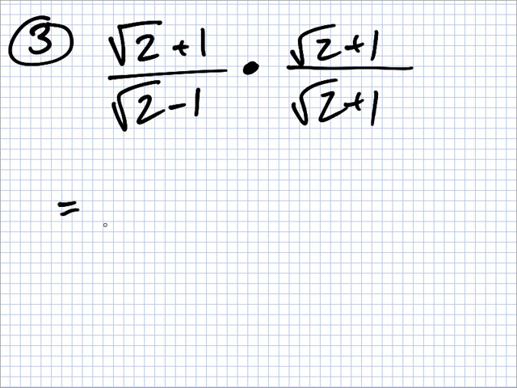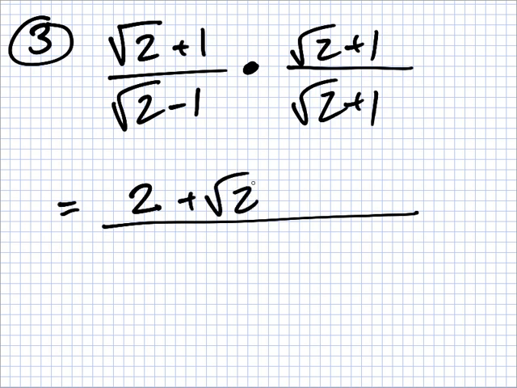So, multiplying out the top. Root 2 by root 2 is 2. Root 2 by 1 is root 2. 1 by root 2 is root 2. And 1 by 1 is 1. Root 2 by root 2 is 2. Root 2 by 1 is root 2.